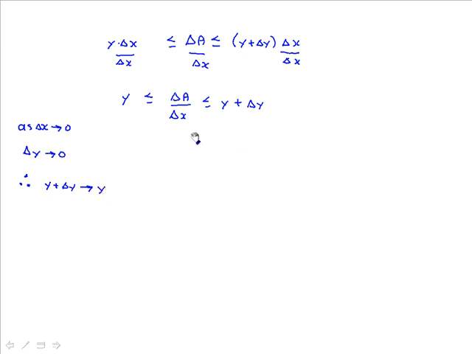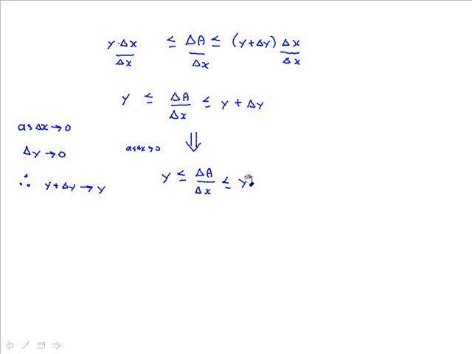And this has implications because if we go back to this formula, it doesn't affect the left side of the expression, but it does affect the right because as delta x gets smaller, let's make a note again, as delta x approaches 0, the upper limit is going to approach y as well. So y plus delta y gets closer and closer to y.